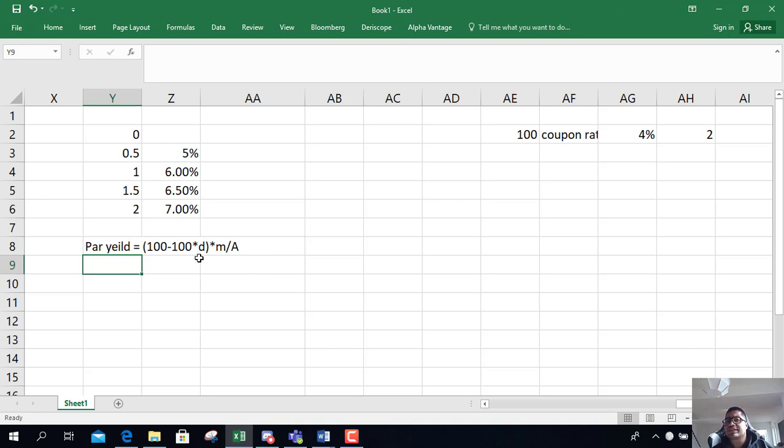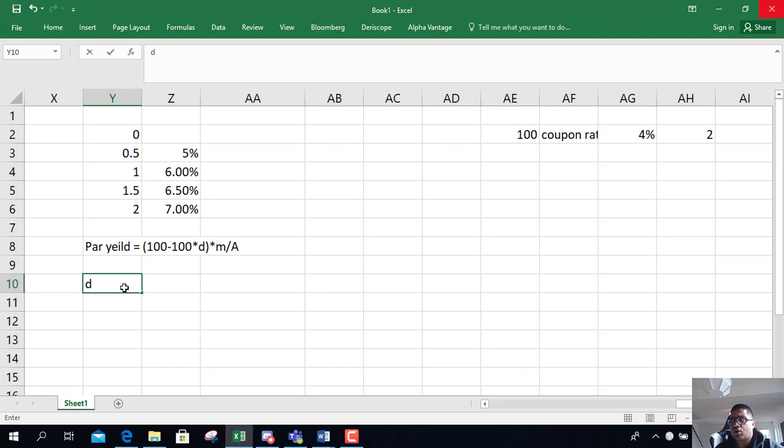Now what is this D and what is this A? M we know. M is semi-annual because they are saying it's a semi-annual payment, so M would be 2. So we know M is 2, we have to find D and we have to find A. What is D?